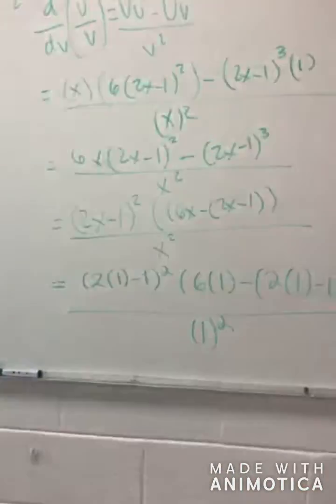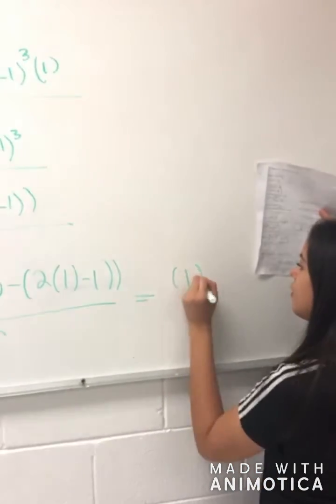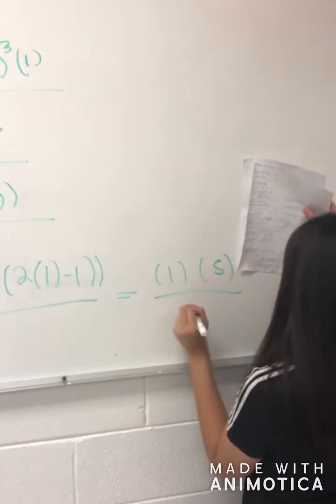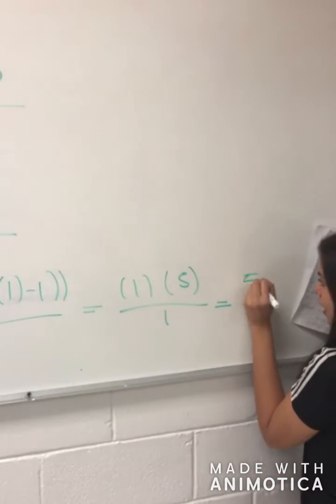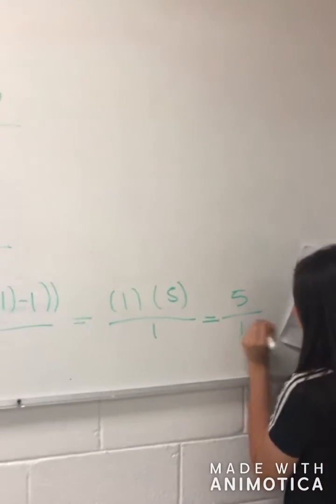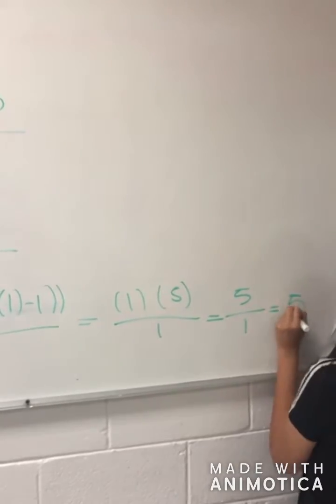Then we are going to multiply, and it is 1 multiplied by 5 over 1. Then it is 5 over 1, and the result is 5.